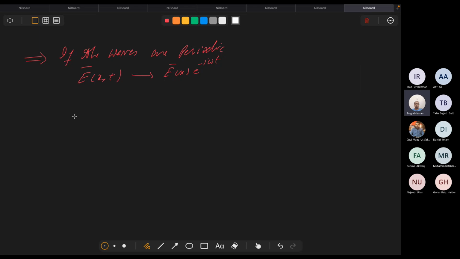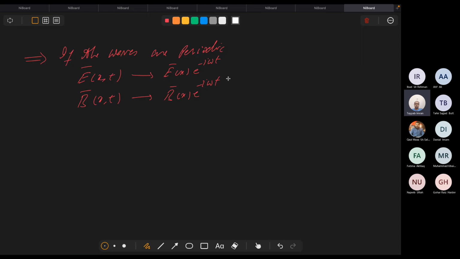Similarly for the magnetic field, we can write like, okay, so the waves are periodic, it's going periodically.